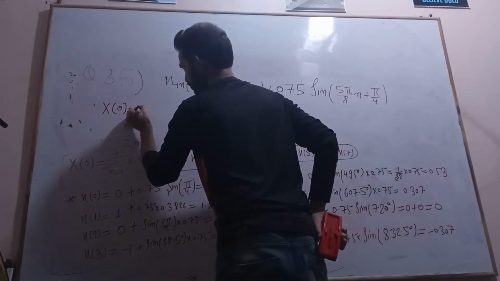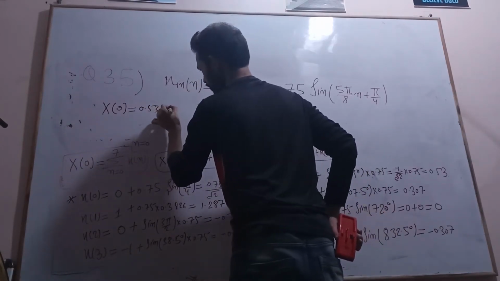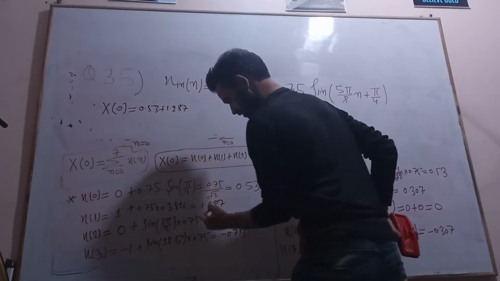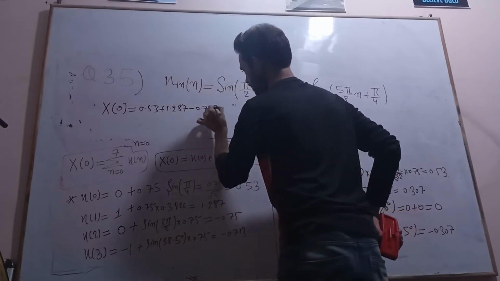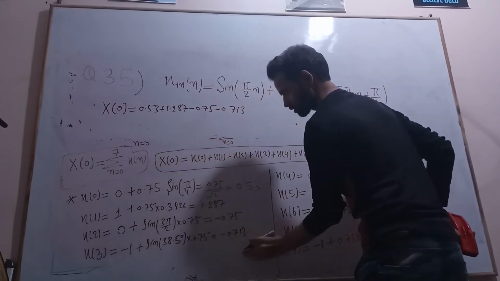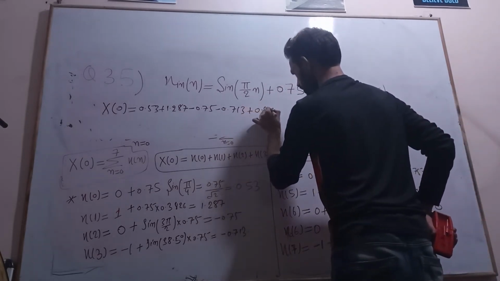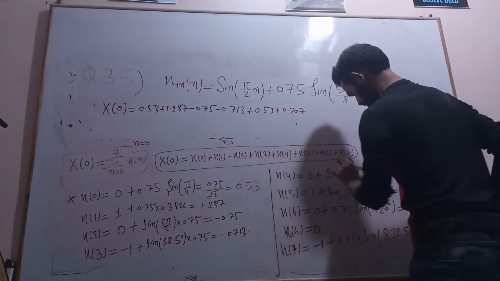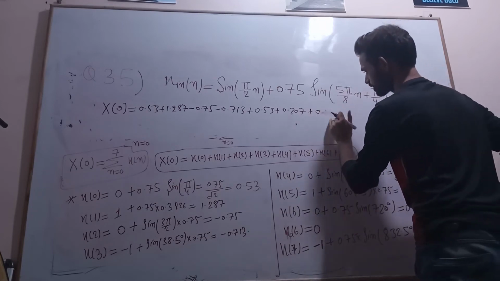This is 0.53 plus 1.287, then minus 0.75, then minus 0.713, then 0.53 plus 0.307, then plus 0, then minus 0.307.